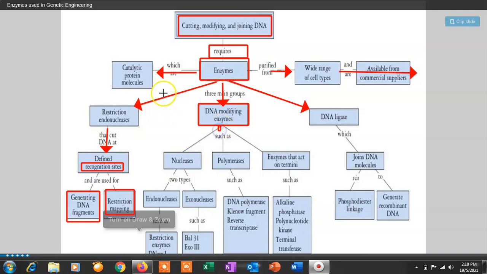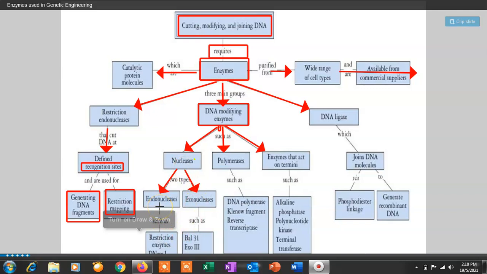The first is nucleases, the second is polymerases, and the third is enzymes that act on terminus. Nucleases are of two types: endonucleases and exonucleases.